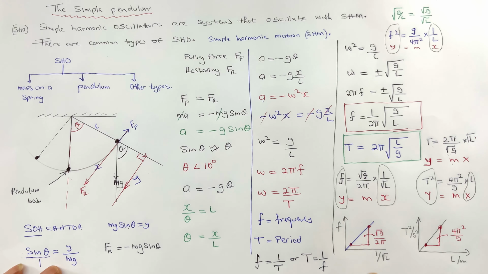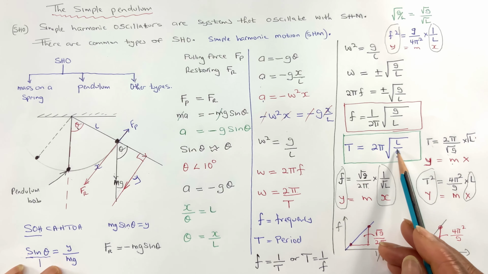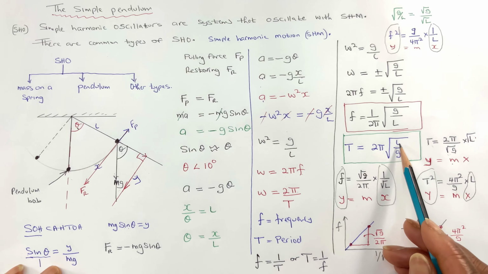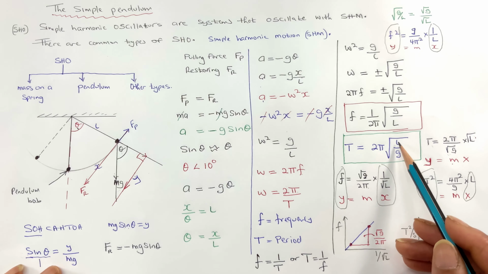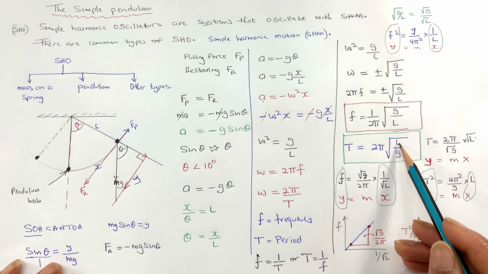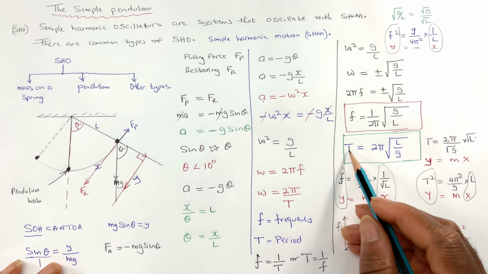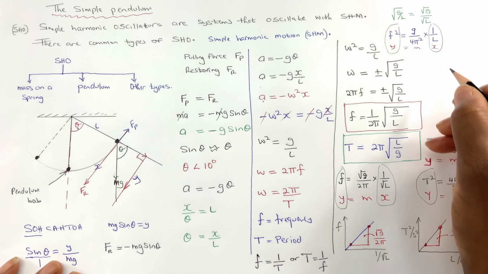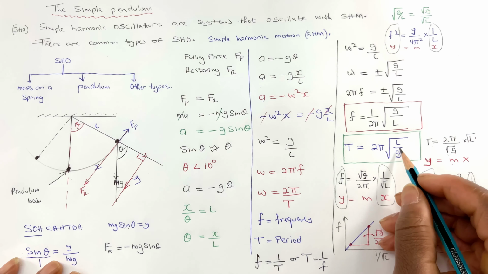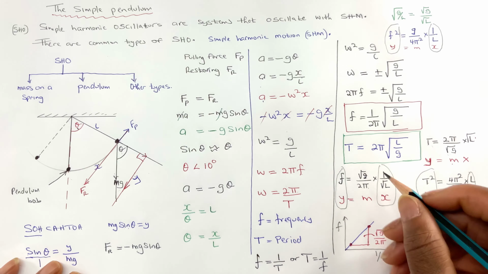Now, if you're plotting the graph against mass, because the equation here does not depend on mass, it only depends on g and L, and g is constant on Earth, so you can only vary the length. If you were to plot T squared, or just T, against mass, T is not dependent on mass, therefore you're going to get a constant line.